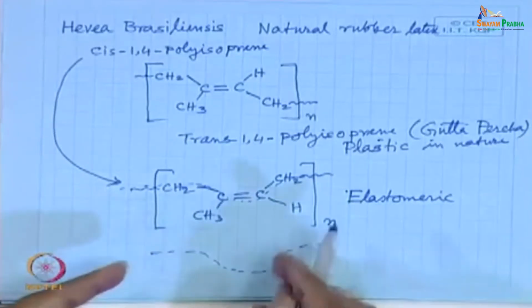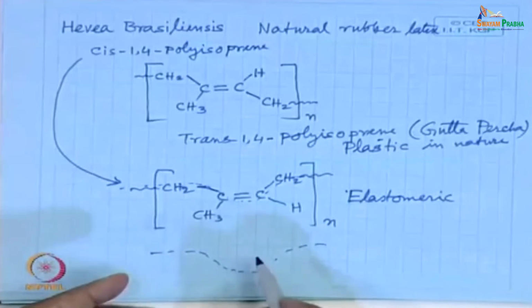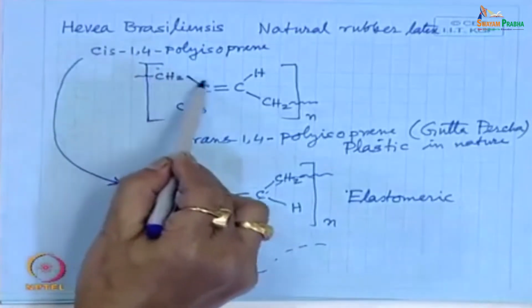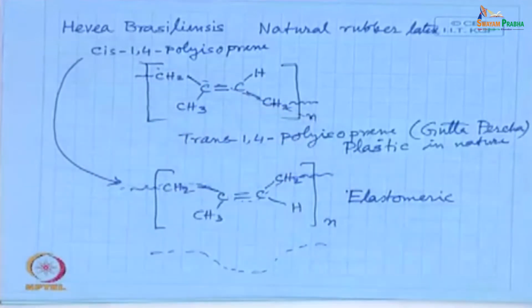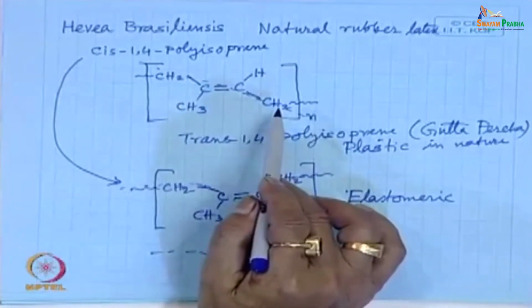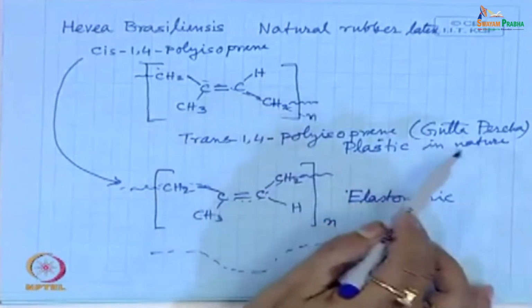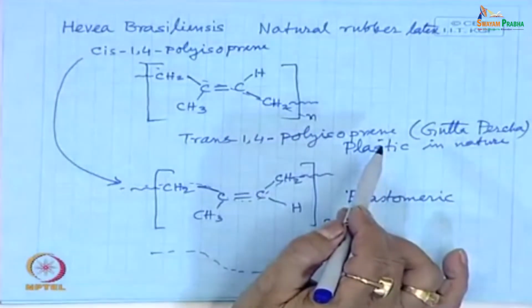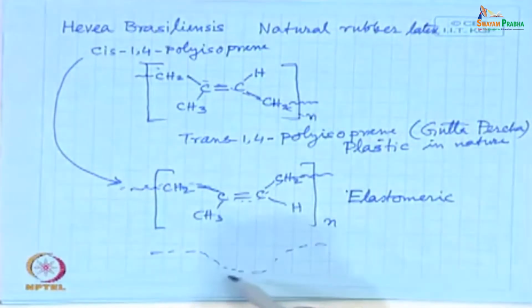That means this segment or unit gives a bent configuration, whereas in this trans one there is a linear configuration. So it leads to higher molecular packing. So it gives a plastic type of material, whereas this is elastomeric.